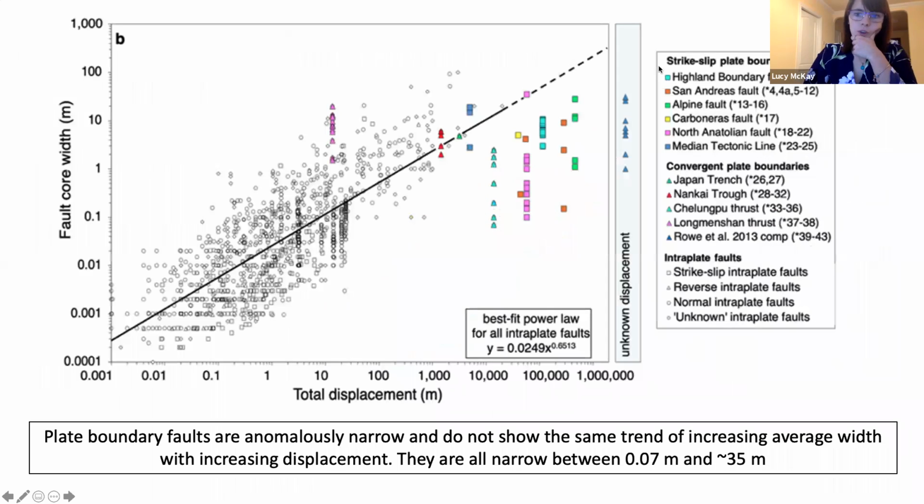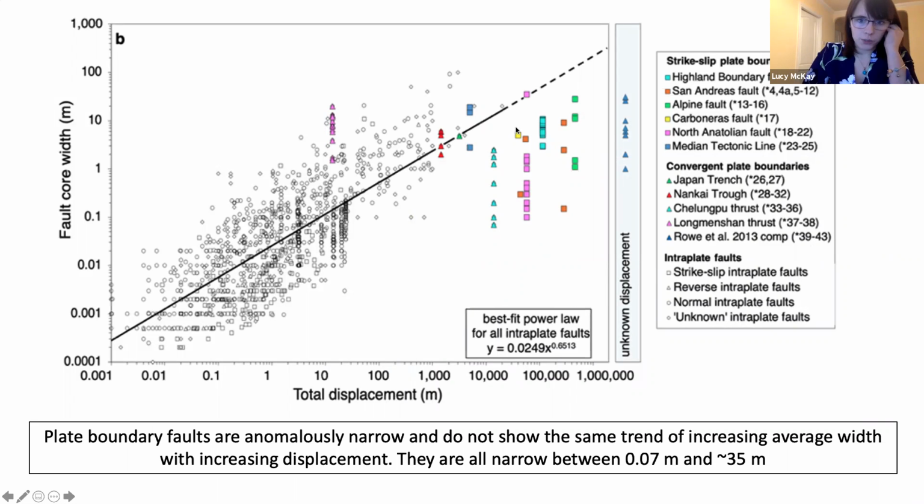So I gathered all the information I could on the thicknesses of these fault cores, and showed that plate boundary faults are actually anomalously narrow compared to intraplate faults, and they don't show this same trend of increasing thickness with increasing displacement.